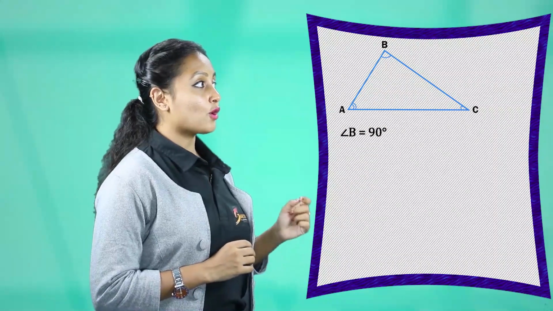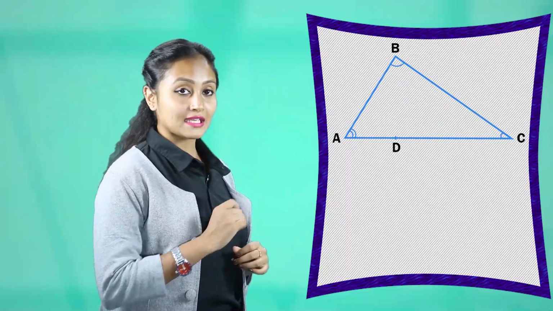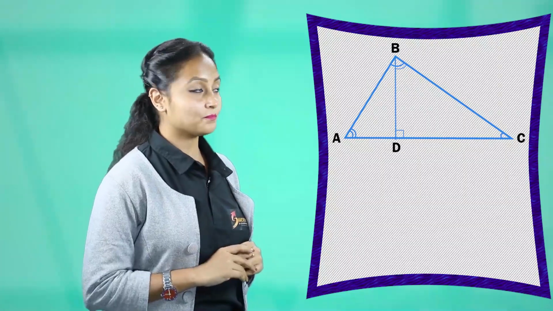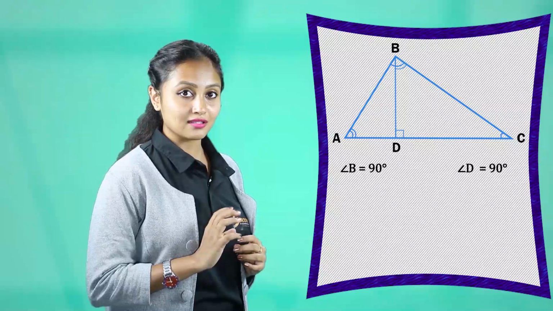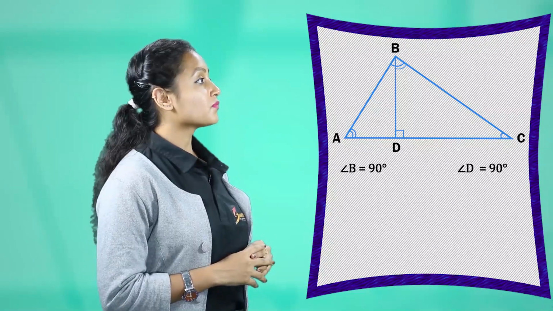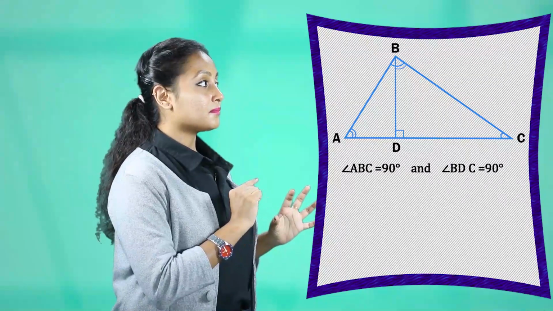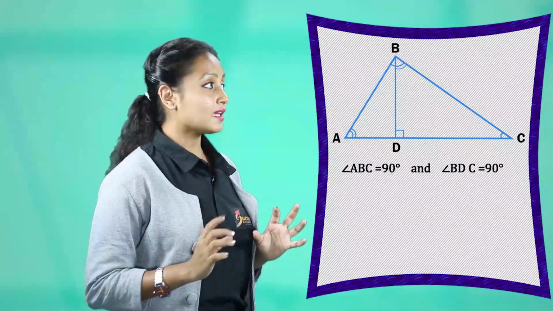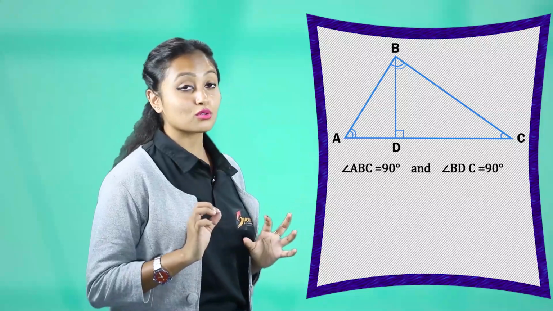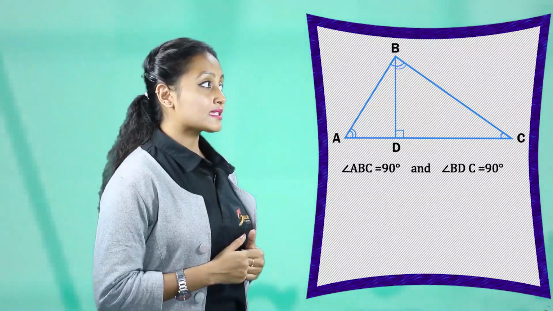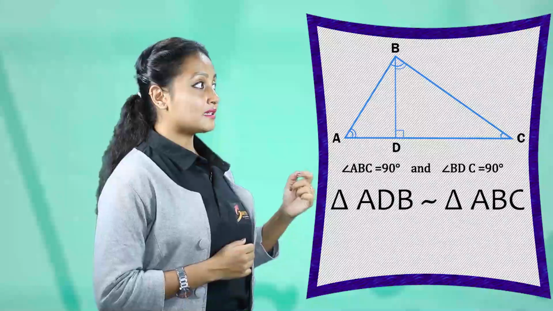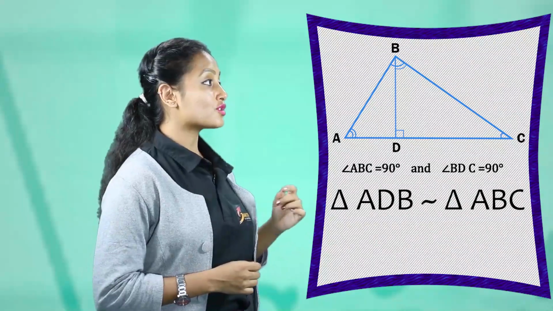Now, let us draw BD perpendicular to AC from point B, such that angle D is also equal to 90 degrees. Since angle ABC is equal to 90 degrees and angle BDC is also equal to 90 degrees, we can say that triangle ADB is similar to triangle ABC.